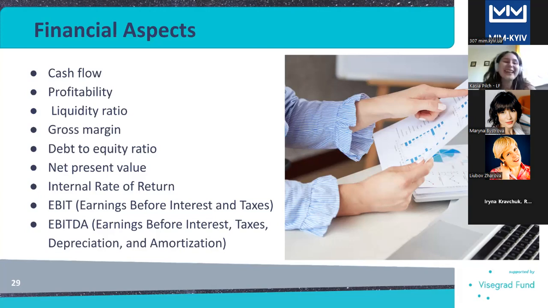And EBITDA, earnings before interest, taxes, depreciation, and amortization. This indicator equals revenue minus operating expenses, so EBIT, plus depreciation, plus amortization, plus asset impairments.